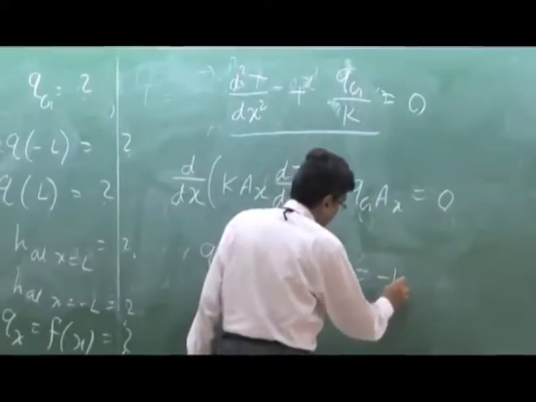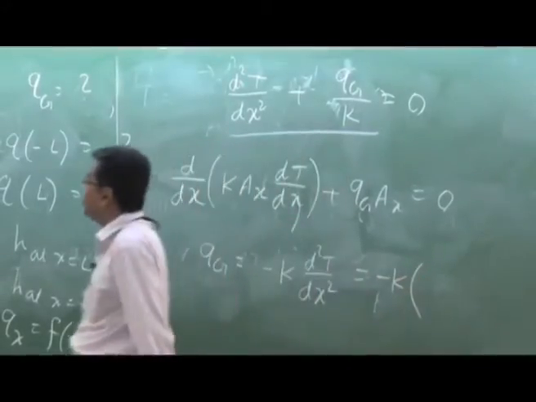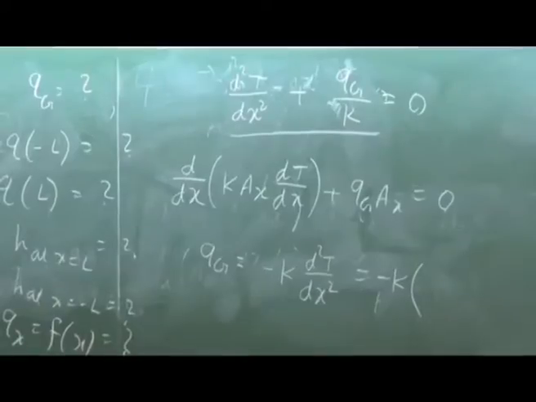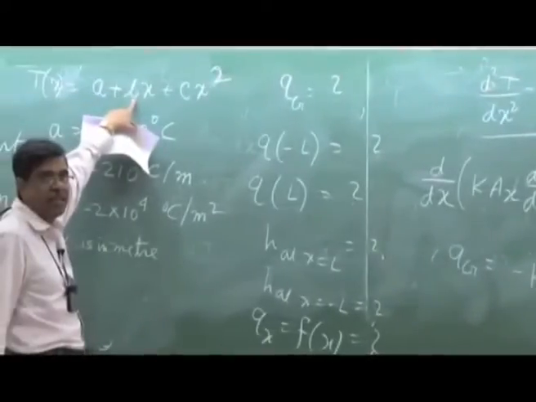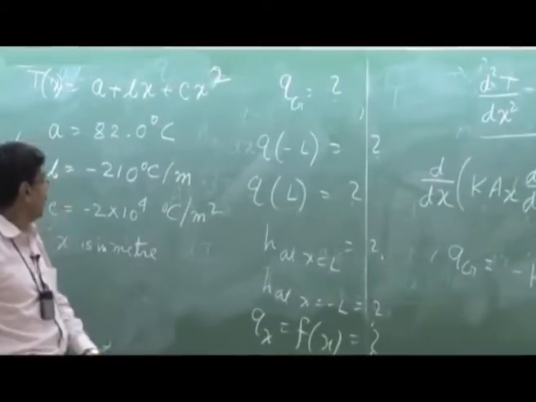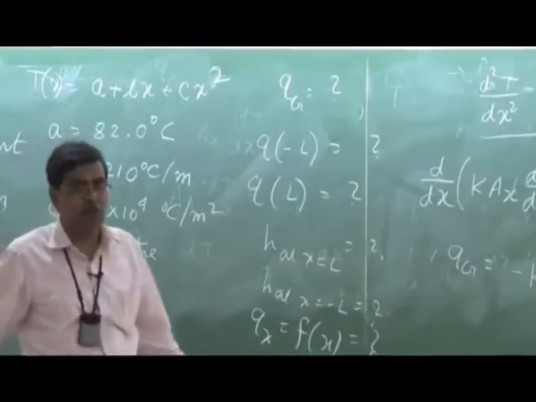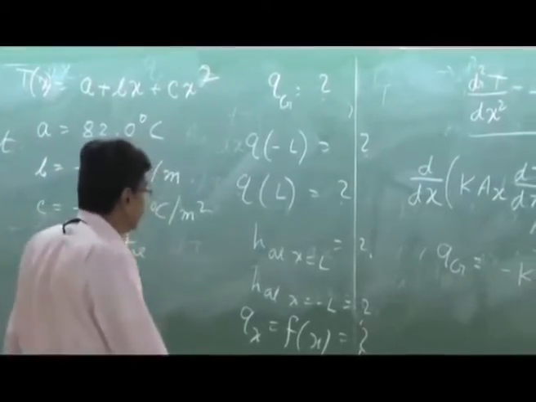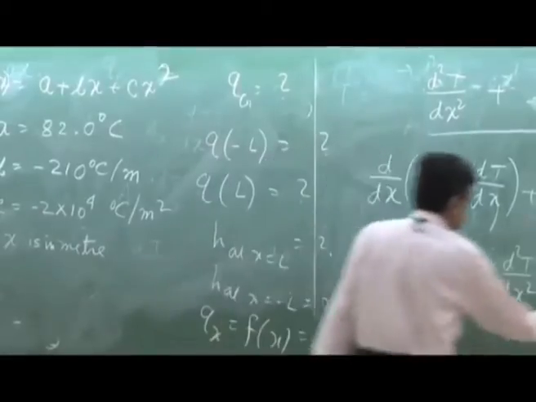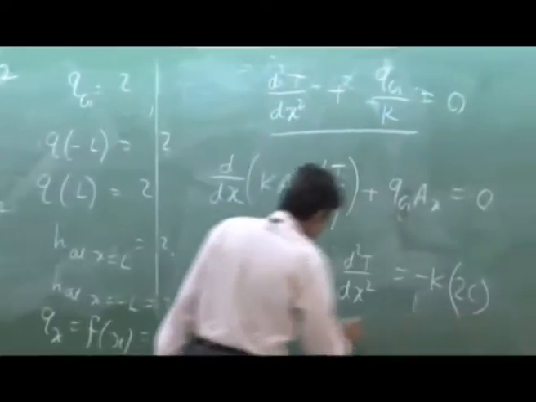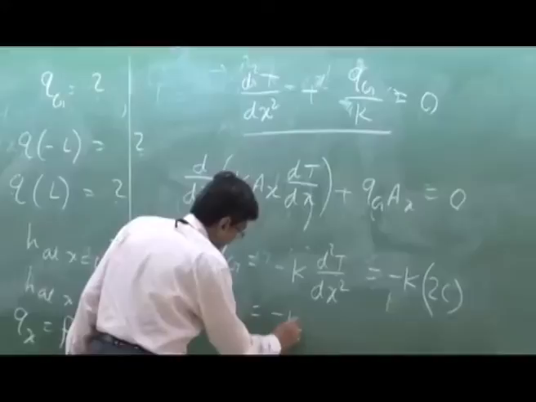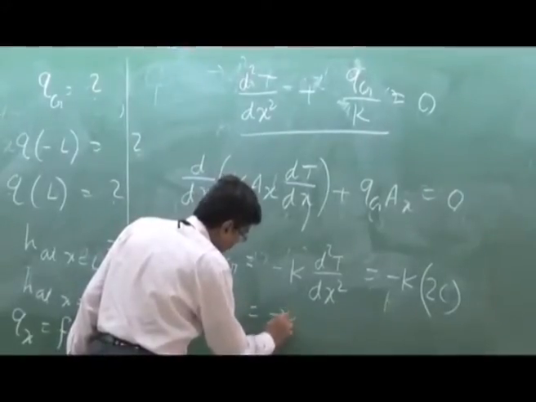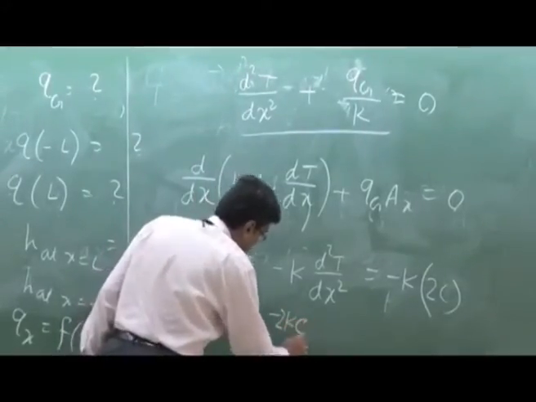I may make a mistake here, I always do. Now dT/dx is B plus 2Cx. So therefore d square T by dx square is 2C. So Qg is minus K into 2C.